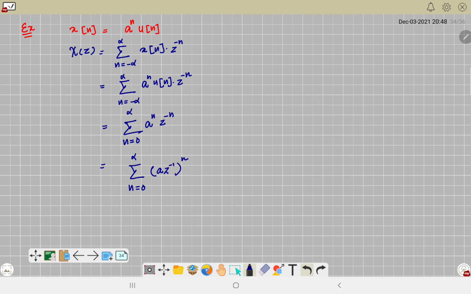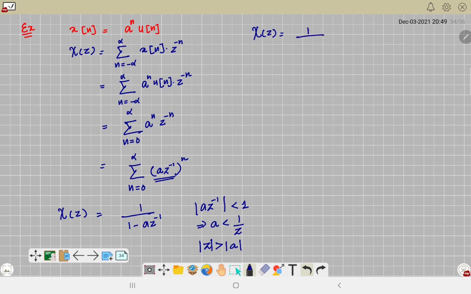Now this is a geometric series, and it is equivalent to 1 divided by 1 minus a z to the minus 1, under the condition that its magnitude should be less than 1, which means a should be less than z in magnitude. So X(z) is 1 divided by 1 minus a z to the minus 1, which is 1 divided by 1 minus a by z.